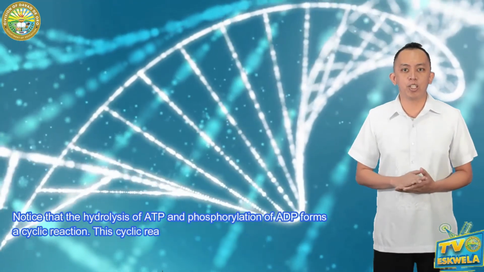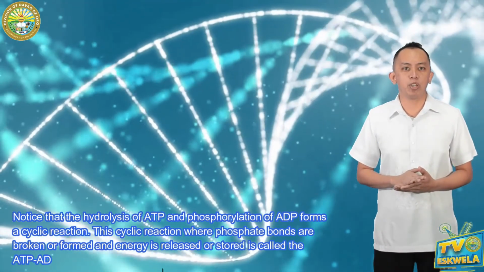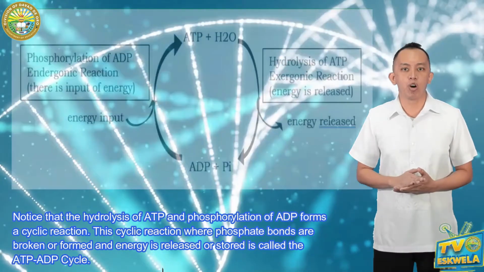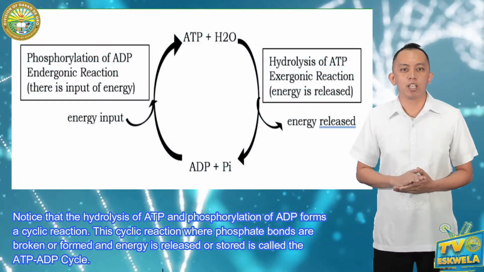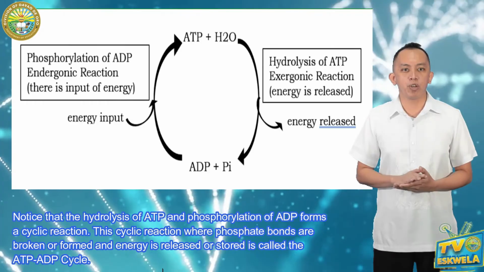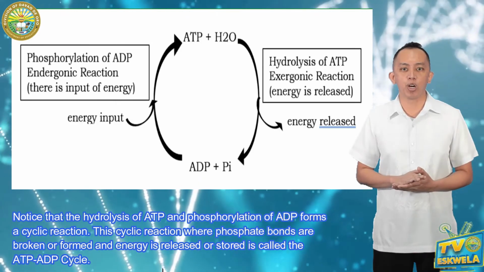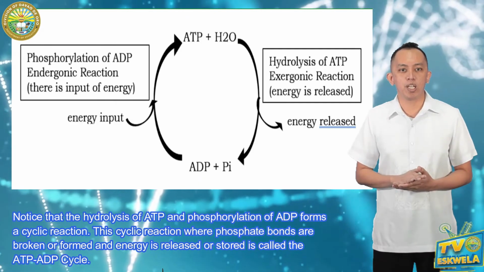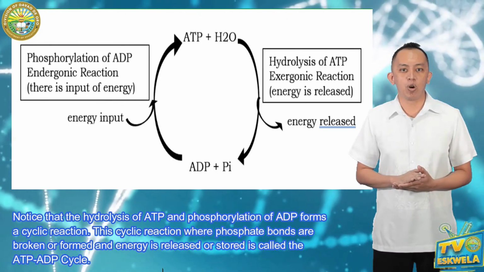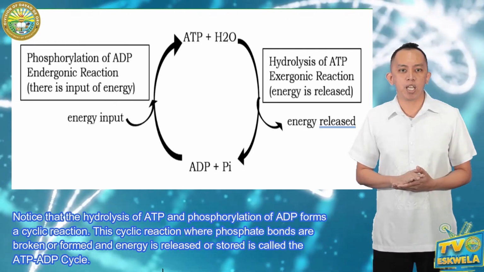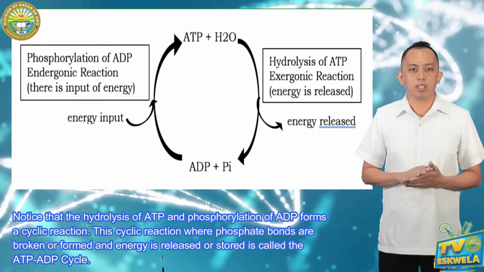Notice that the hydrolysis of ATP and phosphorylation of ADP forms a cyclic reaction. This cyclic reaction, where phosphate bonds are broken or formed and energy is released or stored, is called the ATP-ADP cycle.